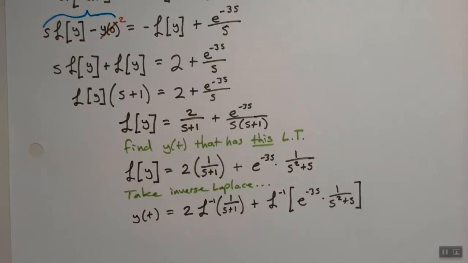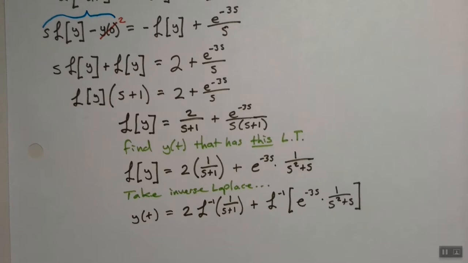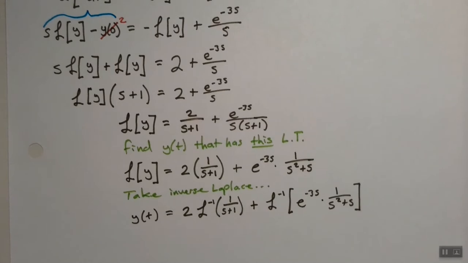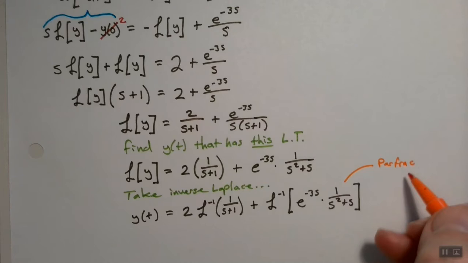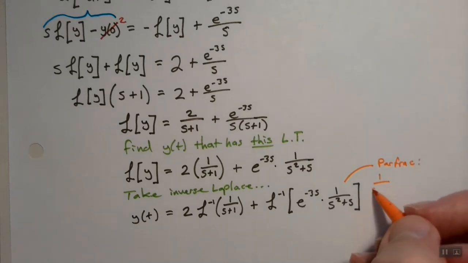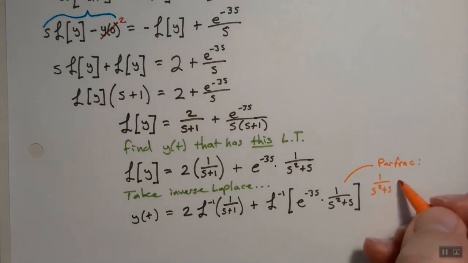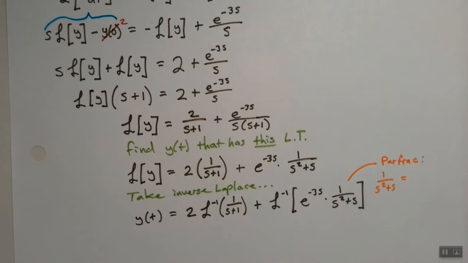Instead, what I can always do is rely on Maple. And we're going to take this fraction right here, and we're going to try to par frac it. So via par frac, we should be able to show that 1 over s squared plus s is equal to a couple of things together. So let's see if we can figure that out.